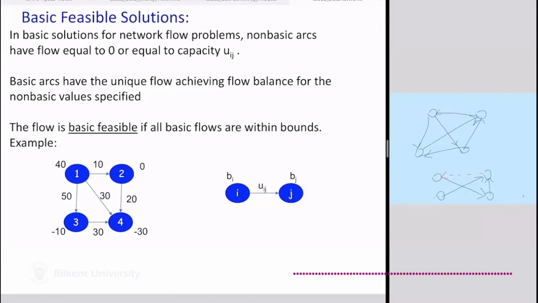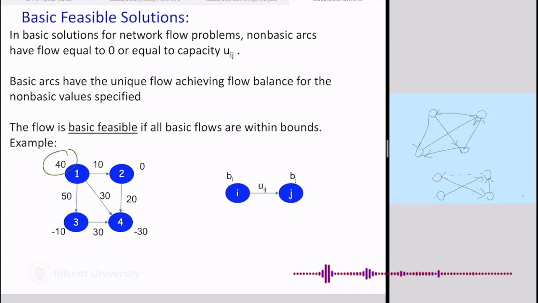Once you determine your spanning tree and your co-tree arcs, you can easily calculate the flow on the arcs by just looking at the supplies and demands, and the arcs should satisfy them, right? Okay, so let's look at this example here.